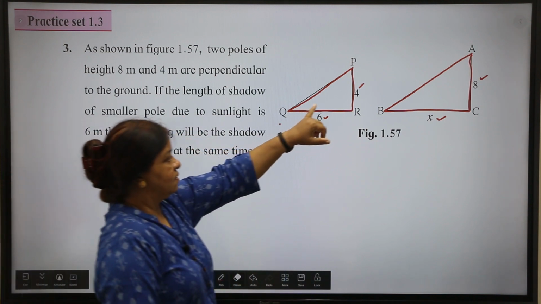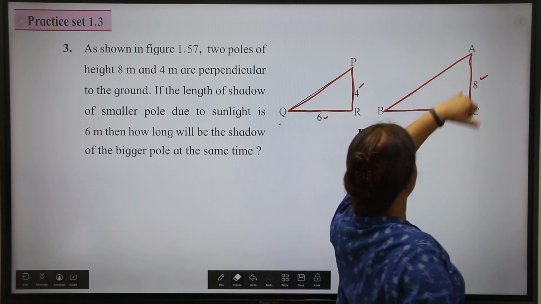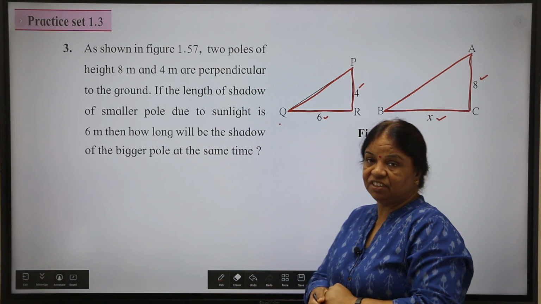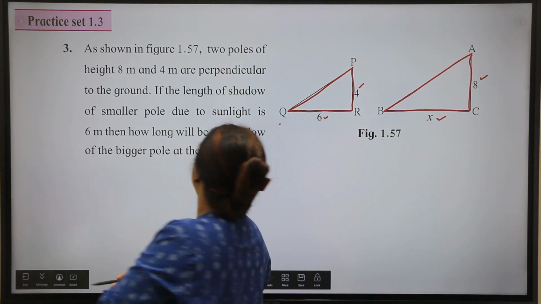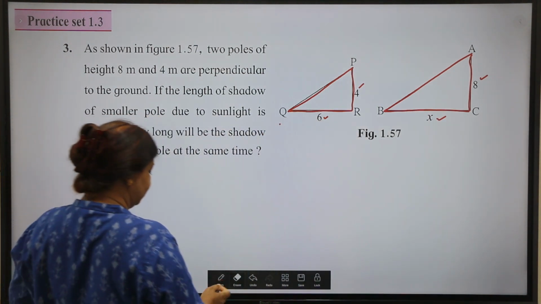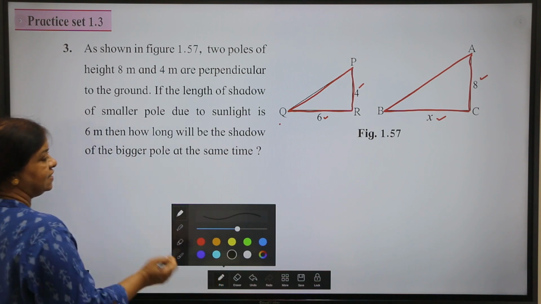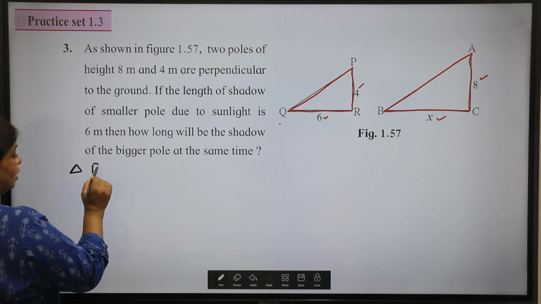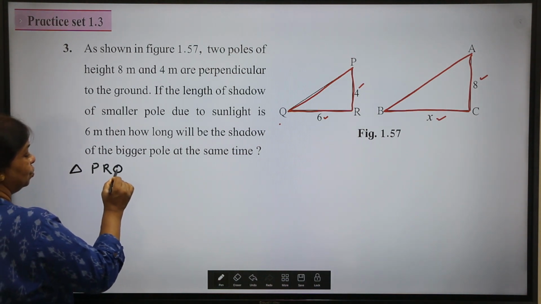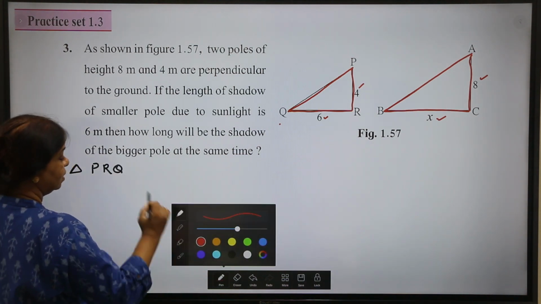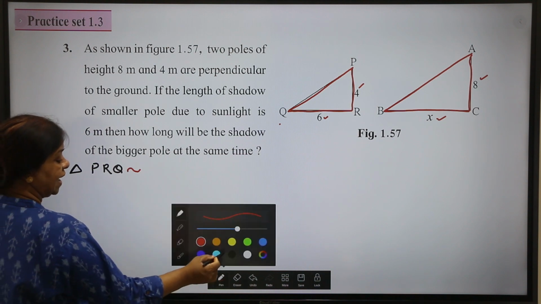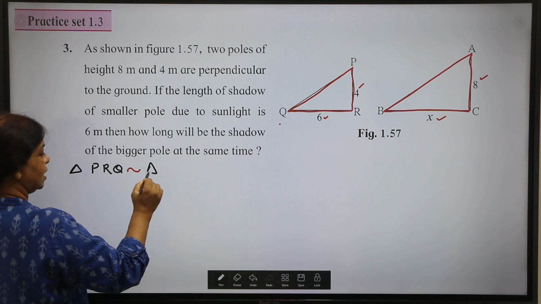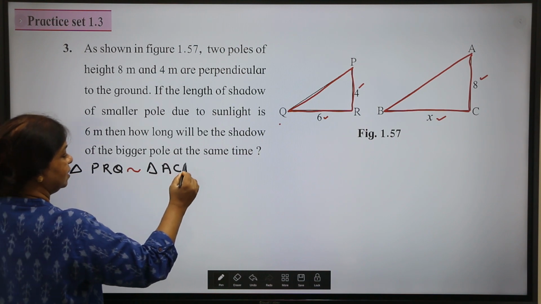Now, as this is a pole and this is also a pole, they are going to be perpendicular to the ground. So, definitely the two right angle triangles will be similar. So, we can say triangle PRQ is similar to triangle ACB.